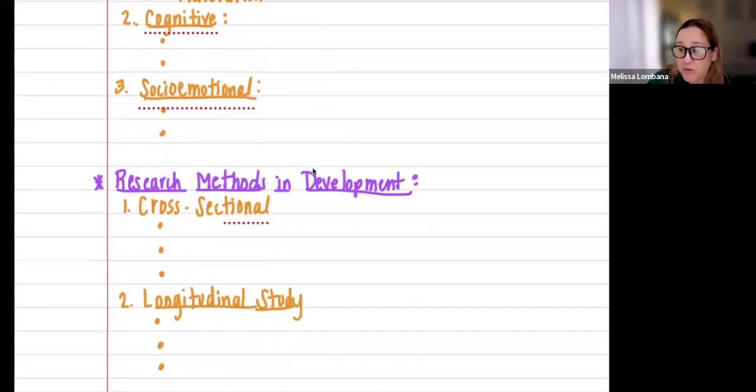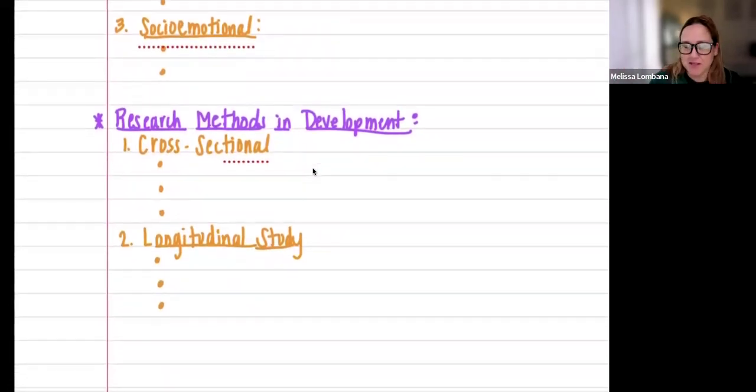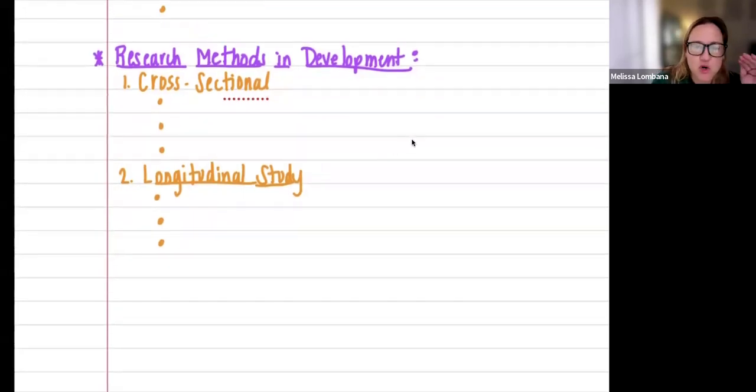Then we're going to go into research methods in development. They kind of use two different methods within it, and these are something that you should have remembered from our research section. And the first one is going to be cross-sectional. Okay, cross-sectional studies is this is when they get a group of people of different ages, okay, all at the same time, okay?